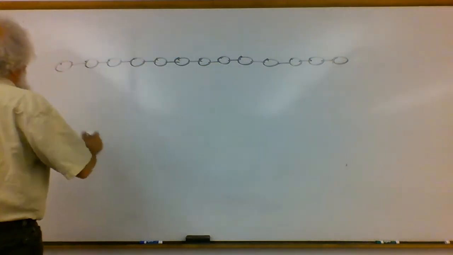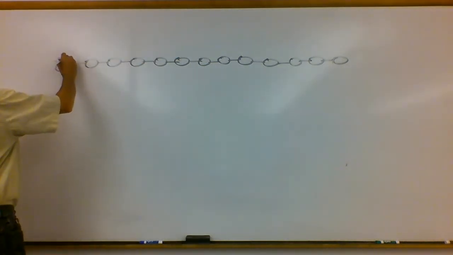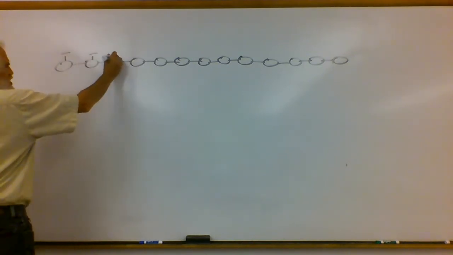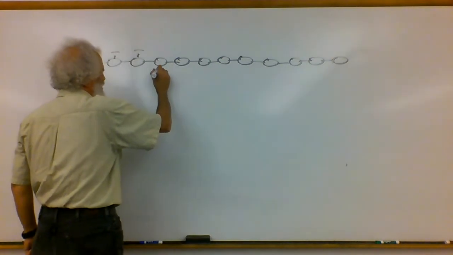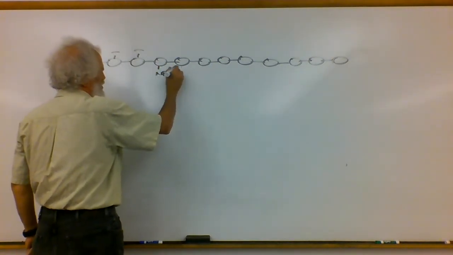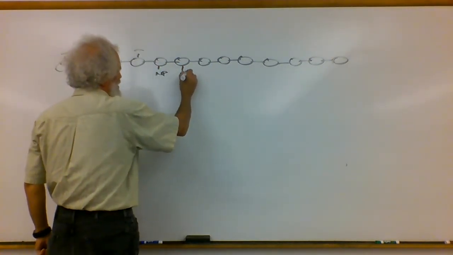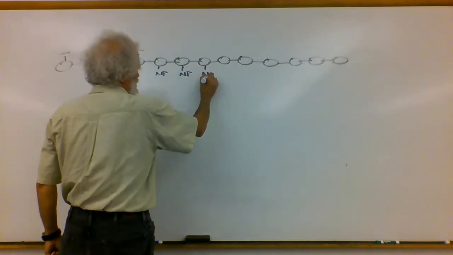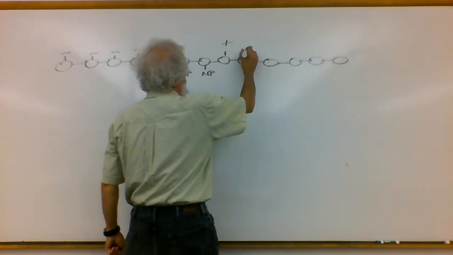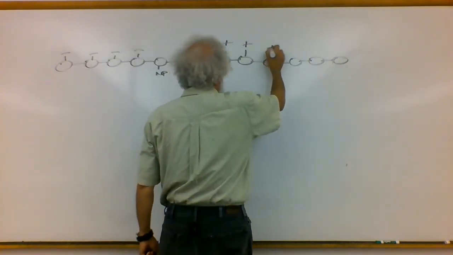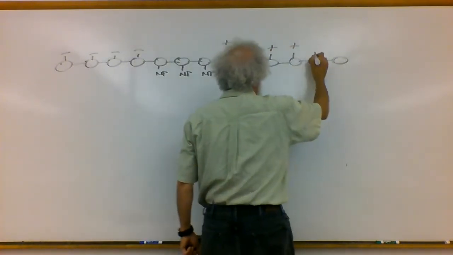Okay, so we know that we can have a whole series of R groups. So let's just put some down here arbitrarily. We're going to put a stretch of negatively charged R groups coming off of this group of amino acids. Some nonpolars coming off here. And now a stretch of positively charged R groups coming off here.